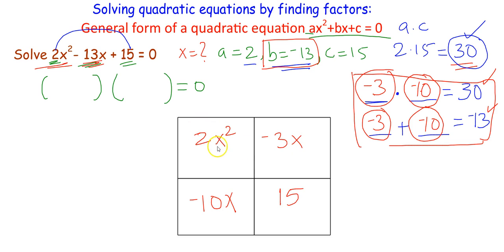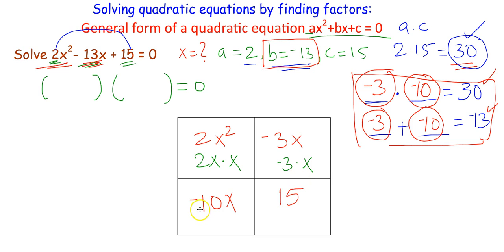So let me write this 2x square as 2x times x. 2x times x is 2x square only. And the negative 3x, I can write it as negative 3 times x. Alright.